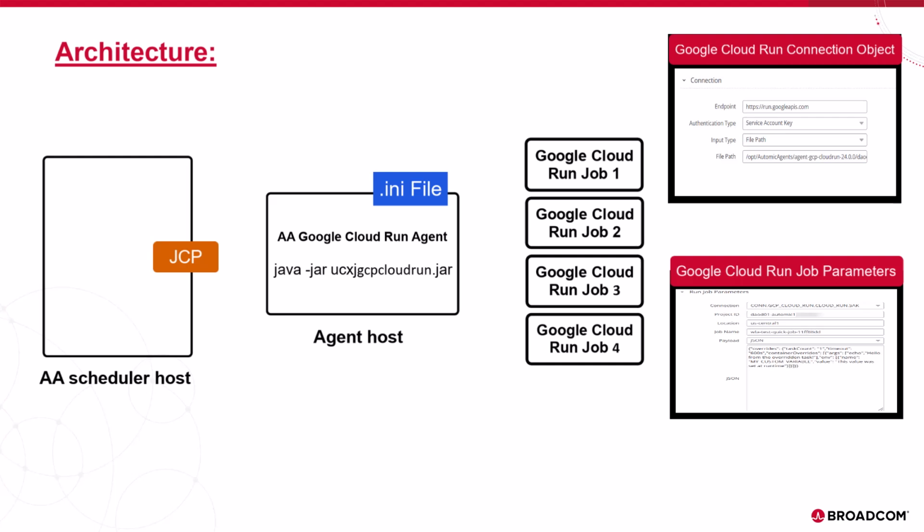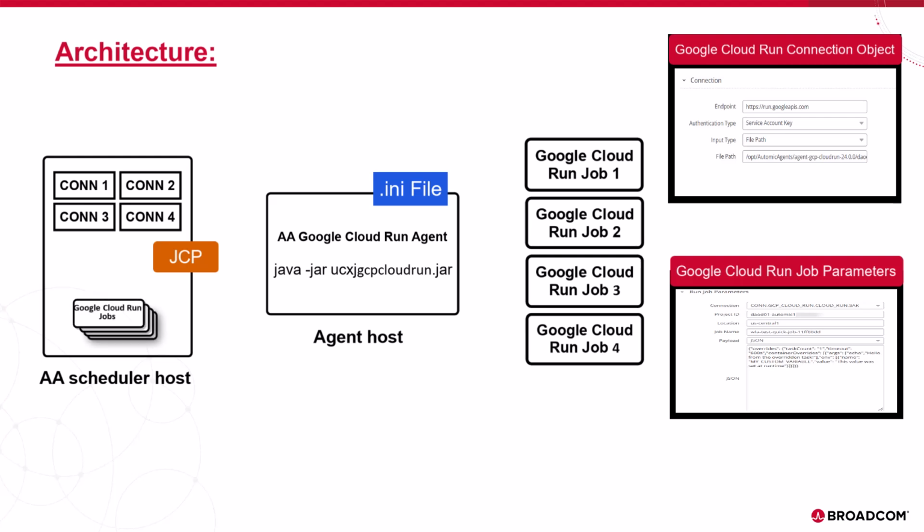We create a connection object in Automic Automation for each instance by duplicating the con template for each of these instances. Lastly, we create a Google Cloud Run job in Automic Automation for each corresponding process in Google Cloud Run. The Automic Automation jobs include the connection object based on the target system.